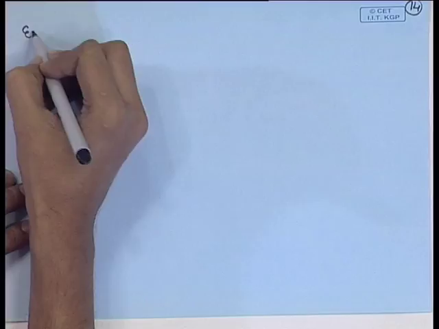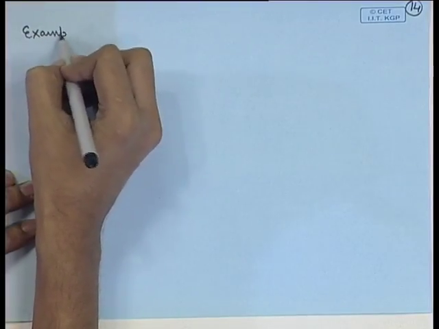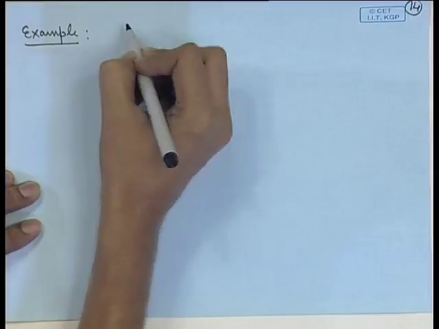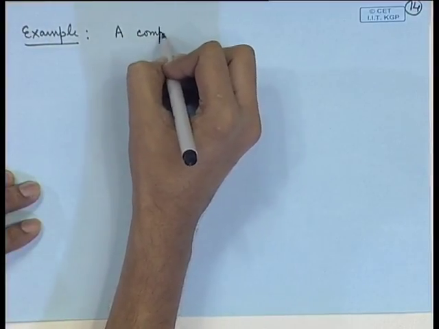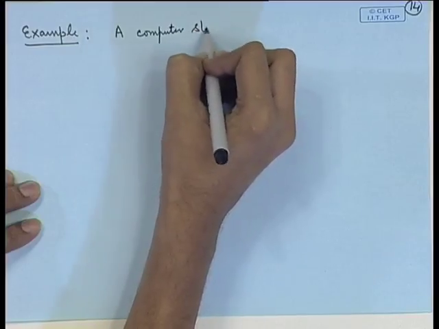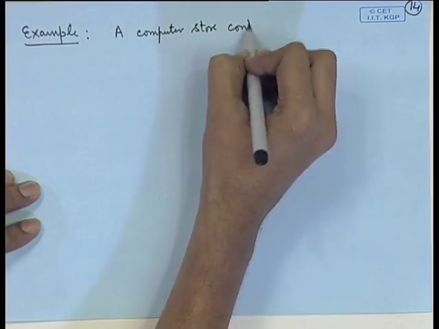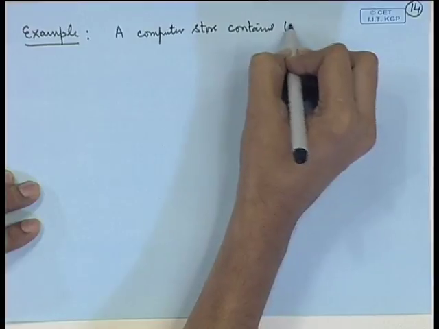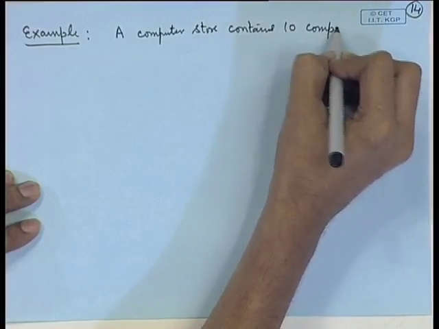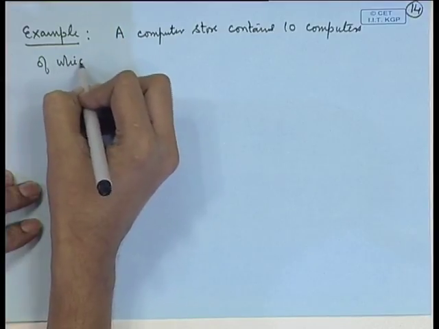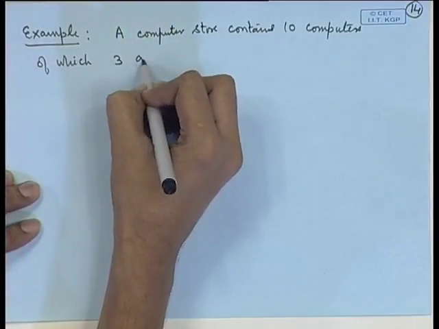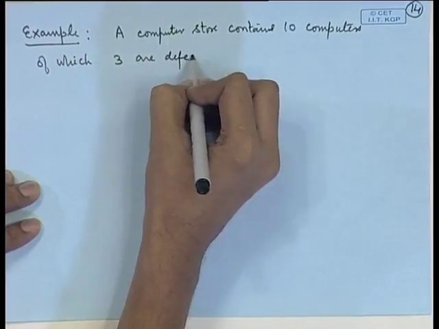Let us take one example. A computer store contains 10 computers, of which say 3 are defective.